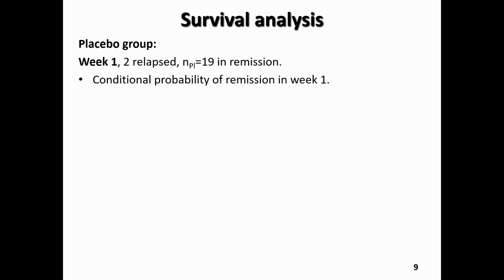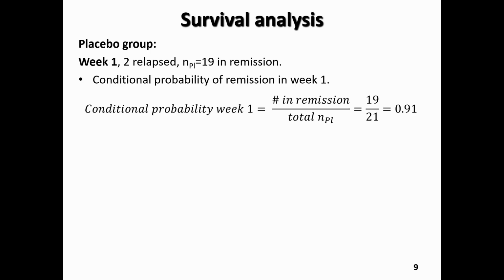The first step is to calculate the conditional probability of remission in week 1 in the event that a patient is in the placebo group and doesn't receive this maintenance therapy. This is calculated, specific to week 1, as the number of patients that are still in that remission period, or the number of cases that have not reached the key event in question, divided by the total sample size.